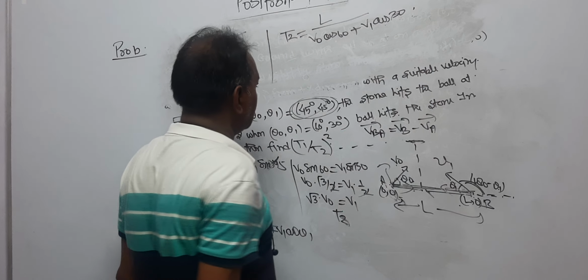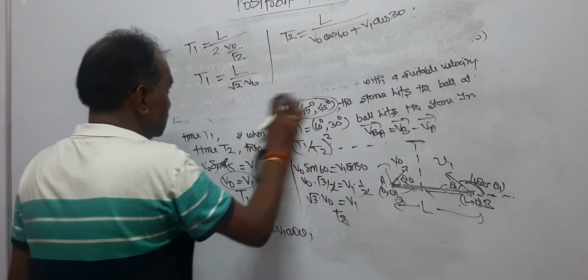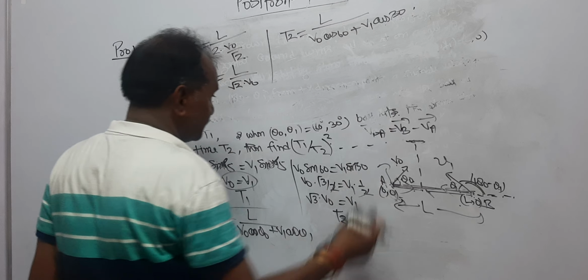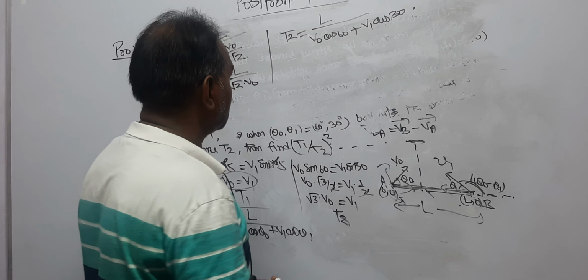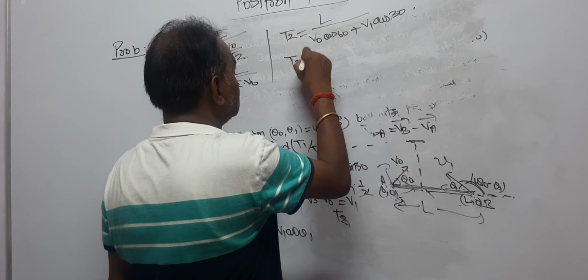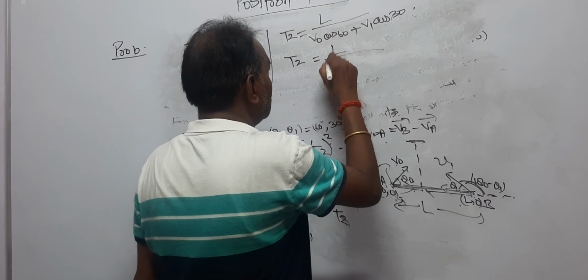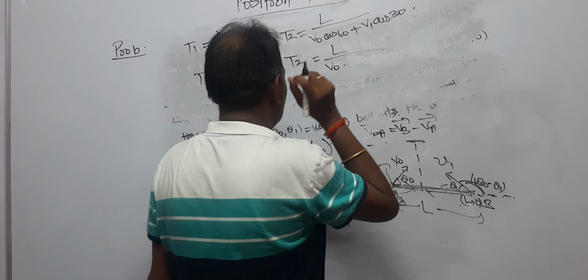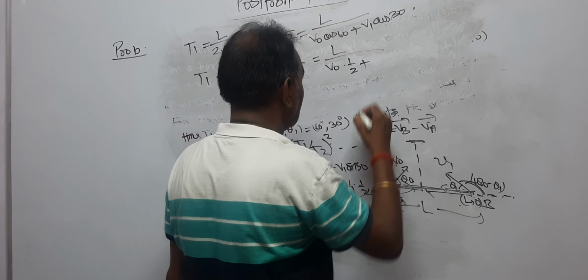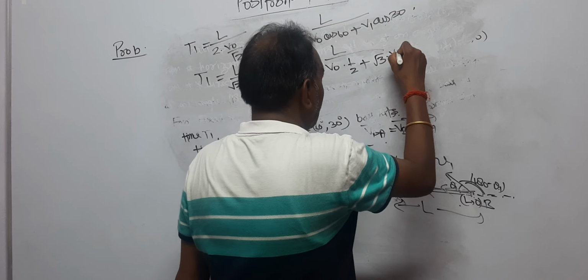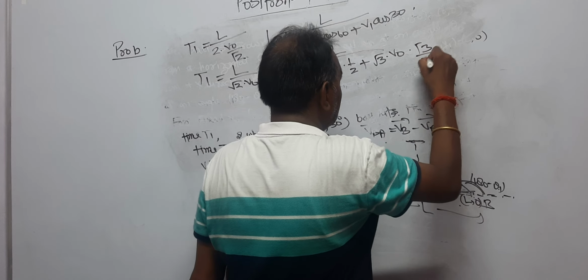Now dear student, look here. In this case, we have found the relation between V naught and V1, that V1 is equal to root 3 V naught. So T2 is equal to L upon V naught cos 60, which is 1 by 2, plus V1, which is root 3 V naught, and cos 30 is root 3 by 2.